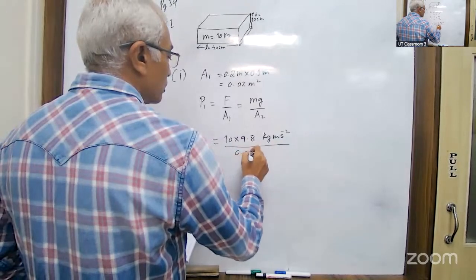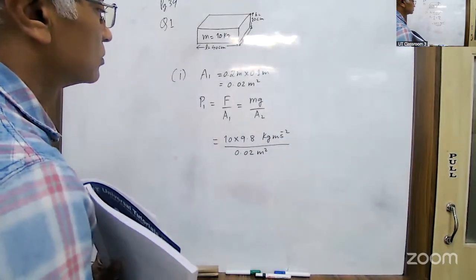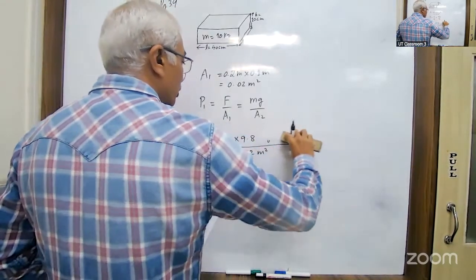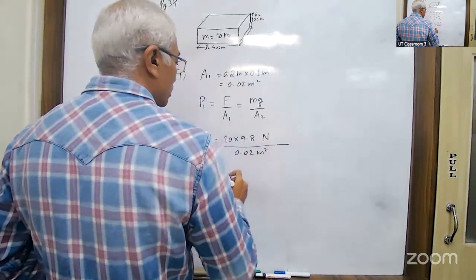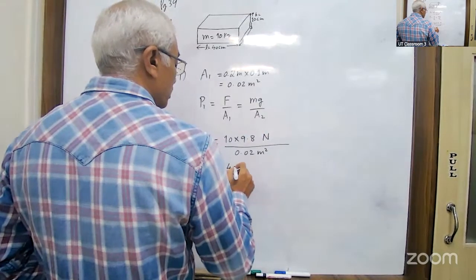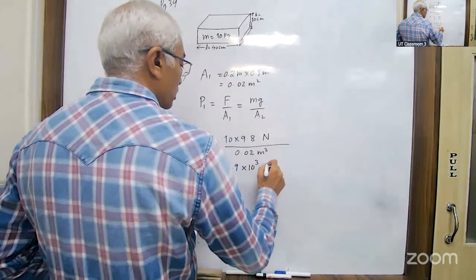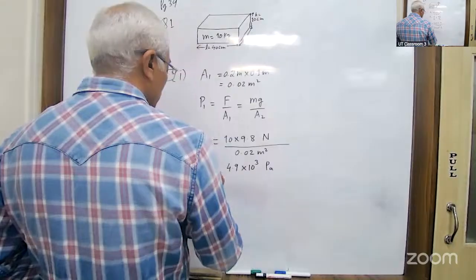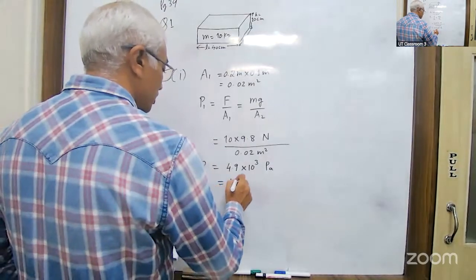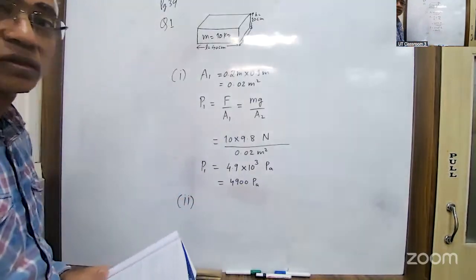You can take it in Newton; force is in Newton. Newton per meter square, how much is it? 4.9 into 10 raised to 3. So this is nothing but 4900 Pascal. In the first case we got pressure as this much, 4900 Pascal.